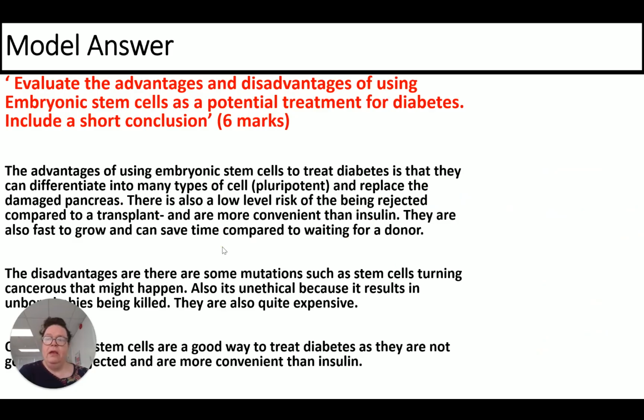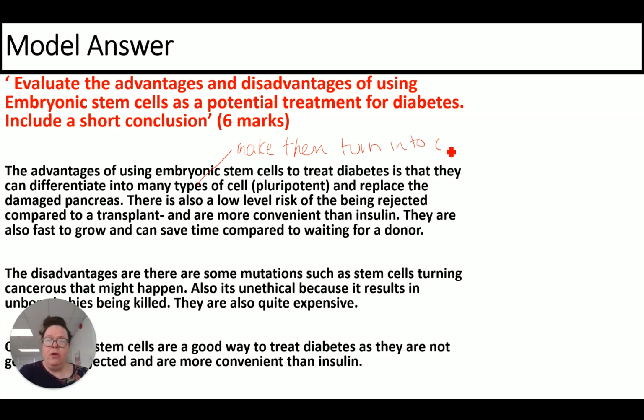Okay, so we've got lots of writing here, so let's just go through it a little bit at a time. Advantages of using embryonic stem cells to treat diabetes. They differentiate into many types of cell. So those embryos, scientists can actually make them turn into any type of cell they want.